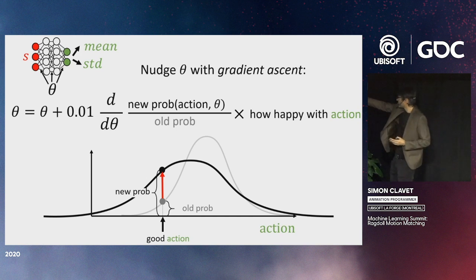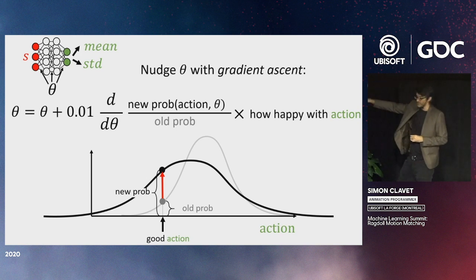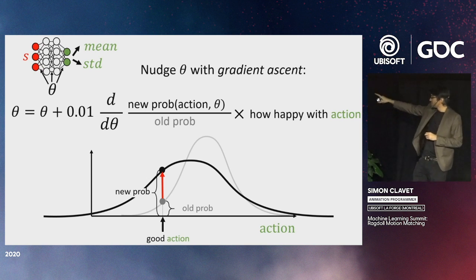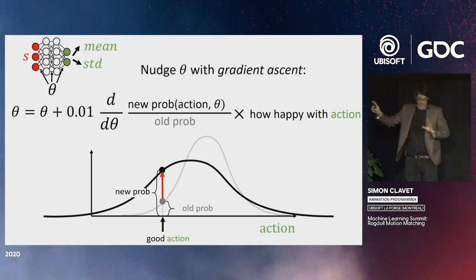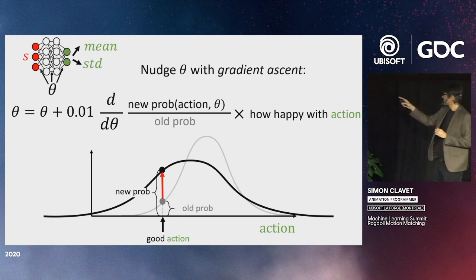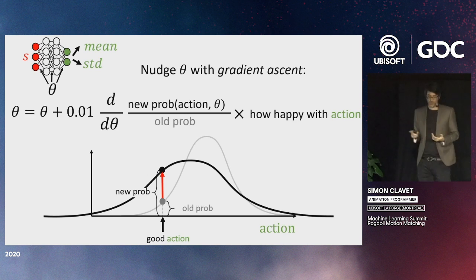So that's the slope with respect to the parameters theta. So that's the big equation. What it means is we're going to update theta to go in the direction of the slope. That's the big equation I wanted to get to. You see the 0.01, that's a learning rate. We're going to nudge the parameters in this direction. That should make the good actions more probable.